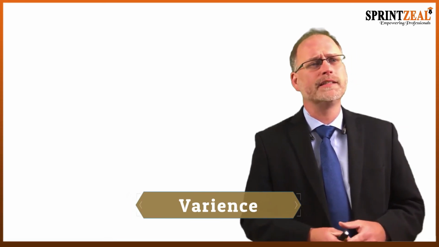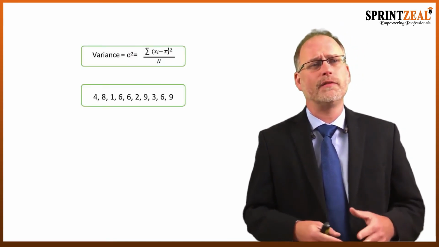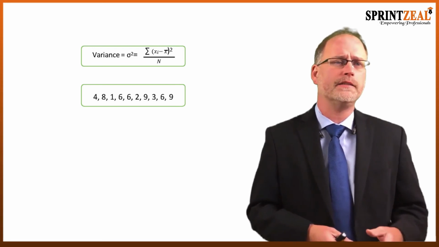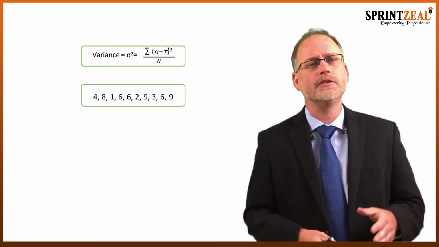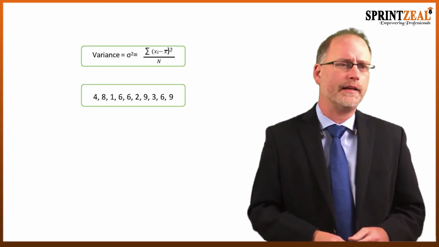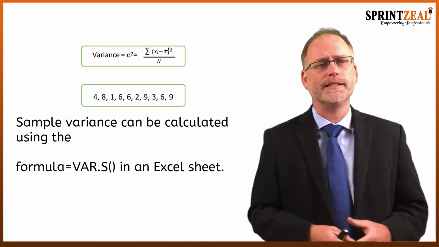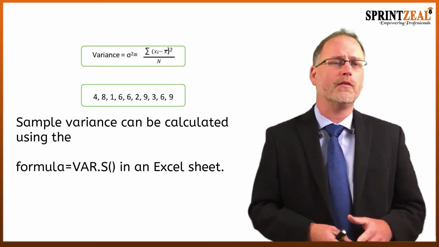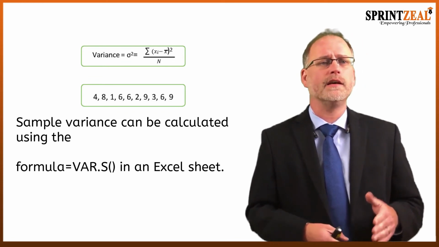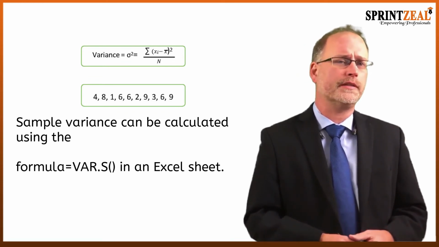Now, variance is defined as the average of the squared mean differences and shows the variation within the data set. Let's consider the following data set of 4, 8, 1, 6, 6, 2, 9, 3, 6, 9. Sample variance can be calculated using the formula in Excel, which is VAR.S, open parentheses and close parentheses.